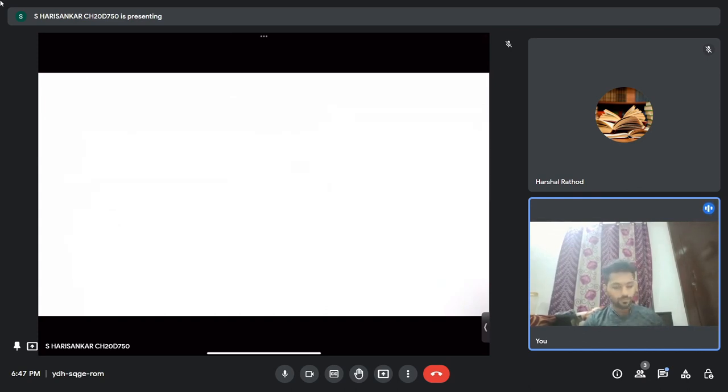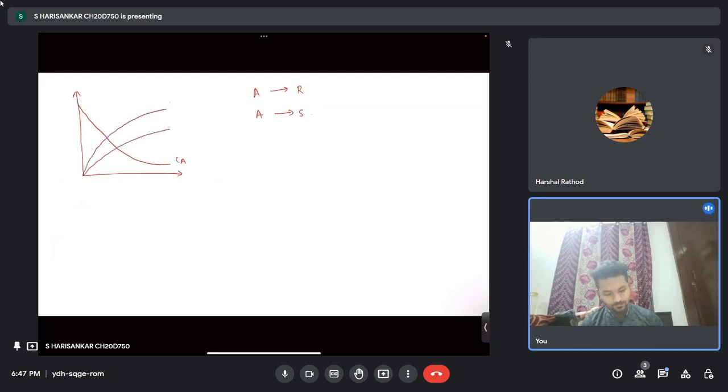So for parallel reaction, the concentration profiles are like this. So this will be the concentration profile Ca for, let's say, parallel reaction A gives R and A gives S. Okay, and the concentration profiles of Ca, Cr and Cs will be like this.